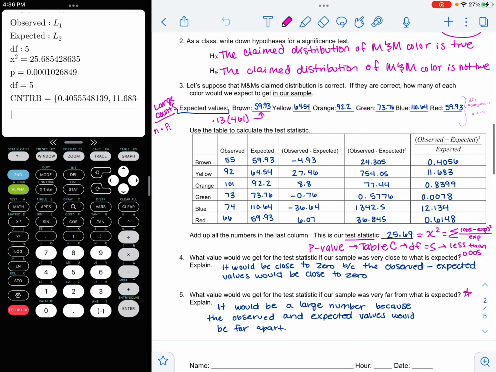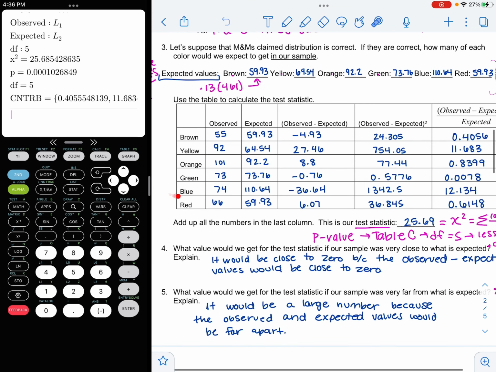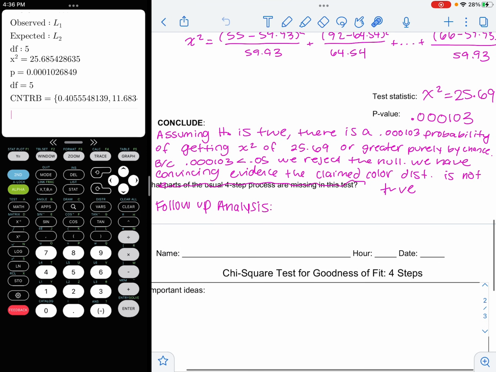if I look here, I can see which one had the largest impact on chi-squared. So looking at this table here, which one gave us the biggest value? That was this one, which is the blue M&Ms. So blue M&Ms had the highest impact on chi-squared, and therefore that's what we list in our follow-up activity.